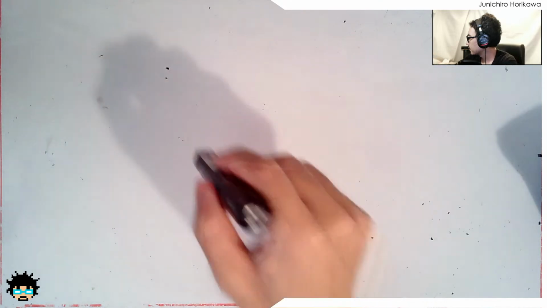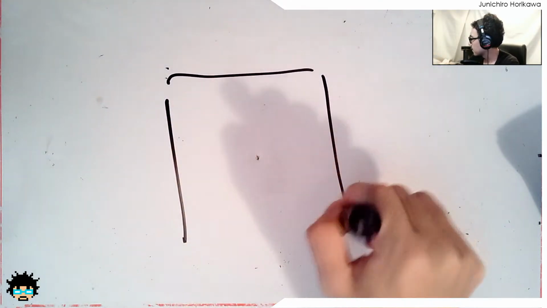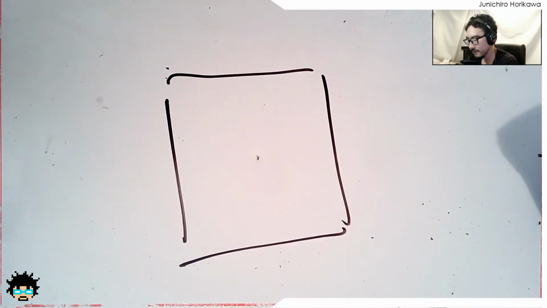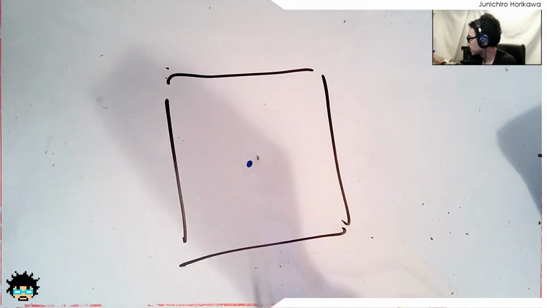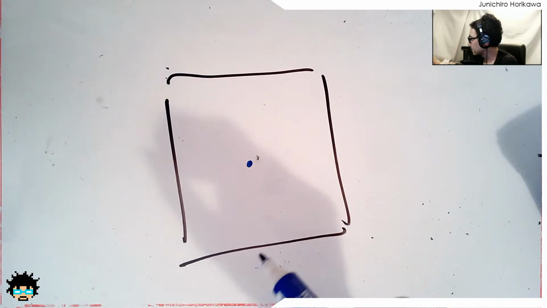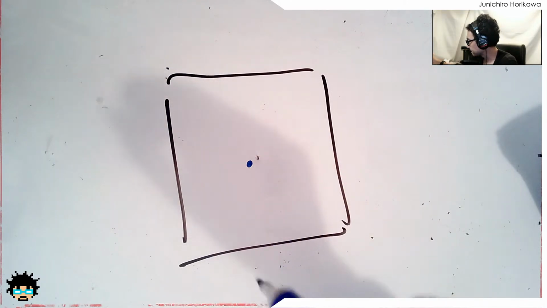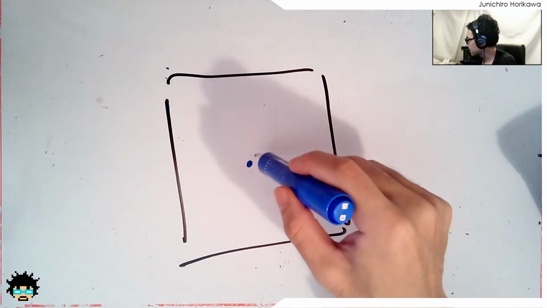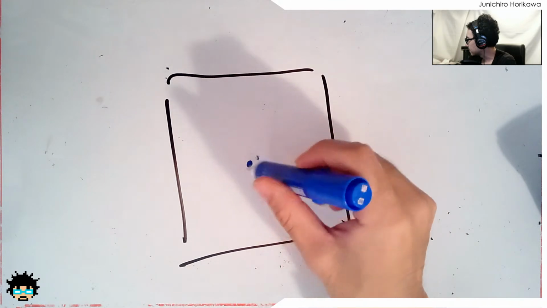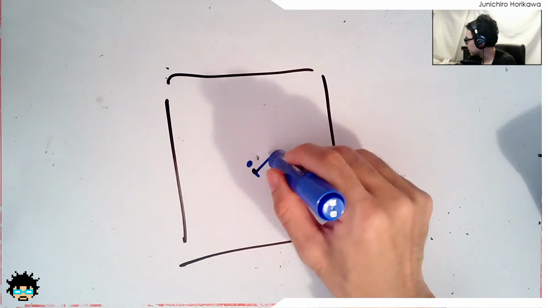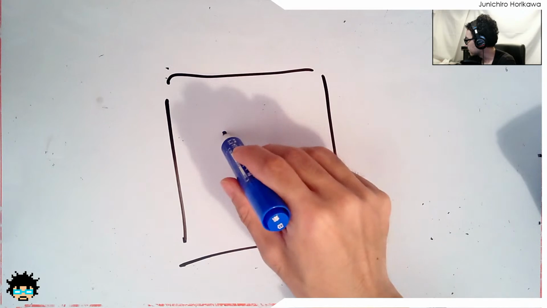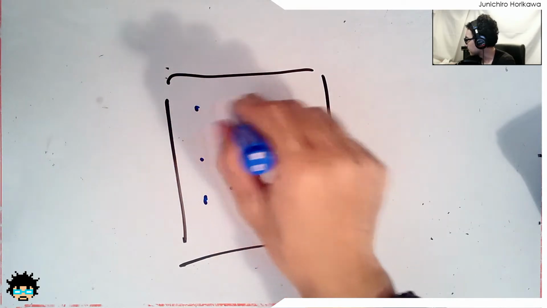So in order to create an initial sine wave from a starting point, for example right here, what you need to know is the distance between this point and each other point on a grid.